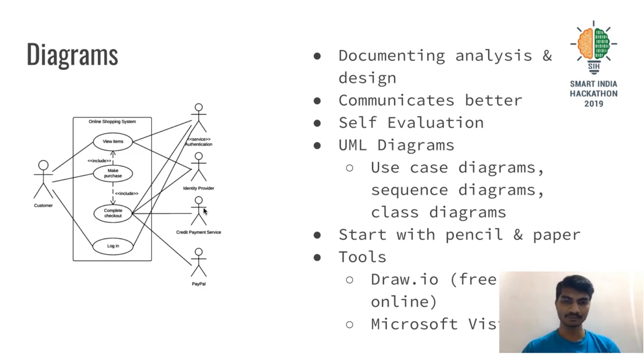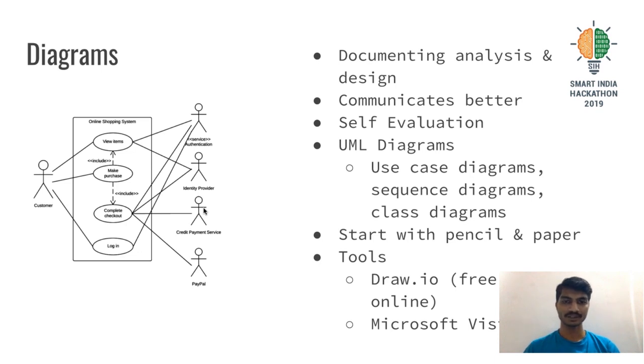Creating diagrams for an analysis and design is also another technique of self-evaluation of analysis and design, because when we are drawing it out on a separate canvas, it is easy for us to visualize the things we had in our mind, and it gives us more clarity on what we have analyzed and designed.